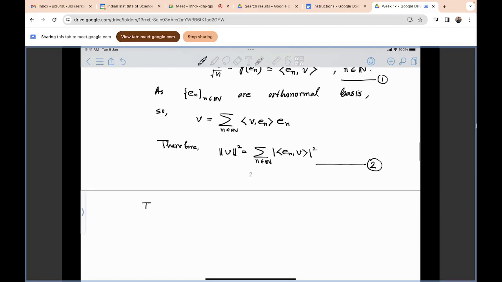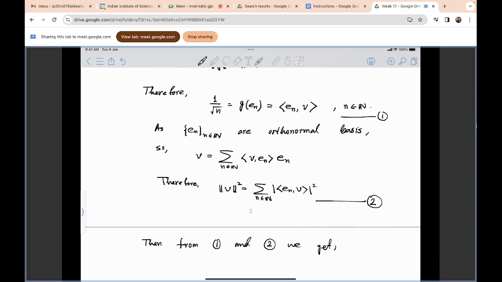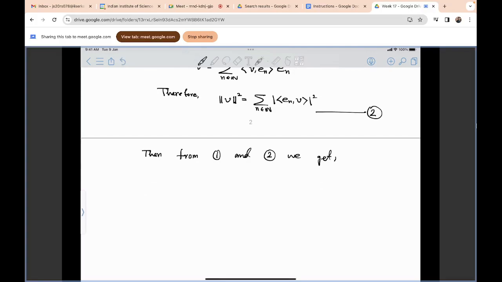Then from 1 and 2, putting En inner product v is 1 by square root n, this sum over n belongs to N of 1 by n is norm v square.